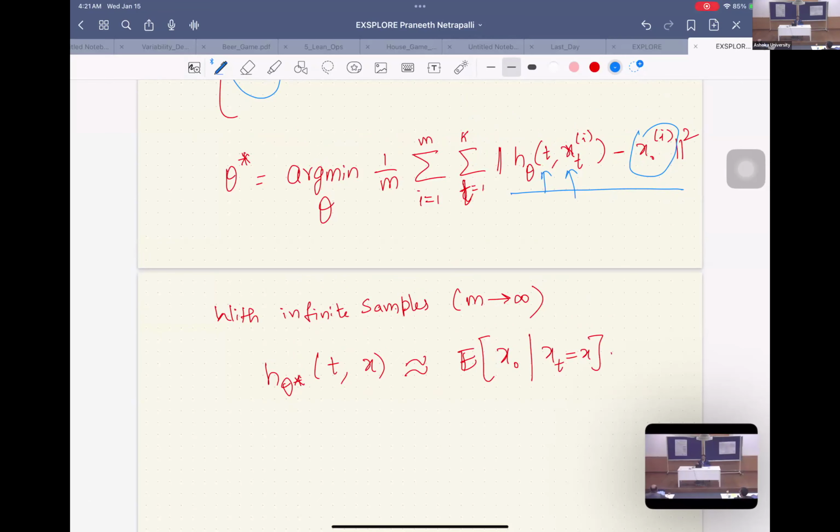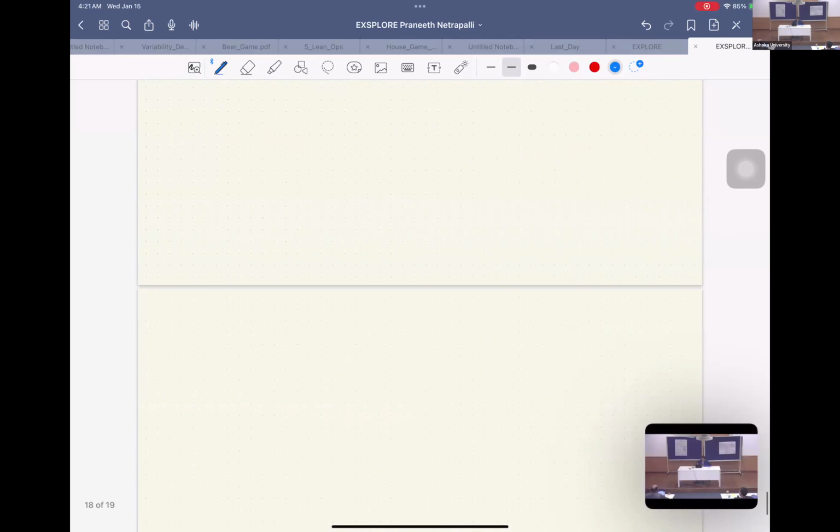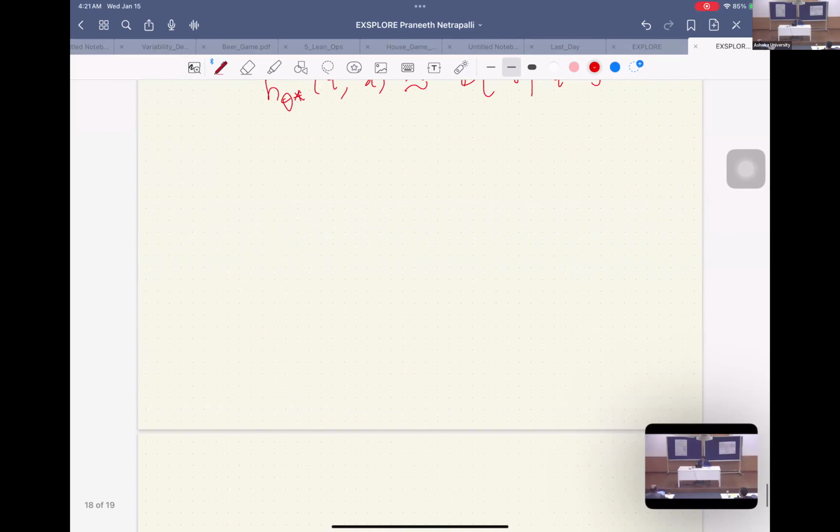Let me just recap everything and then write the algorithm. So the reverse diffusion sampling algorithm is the following.